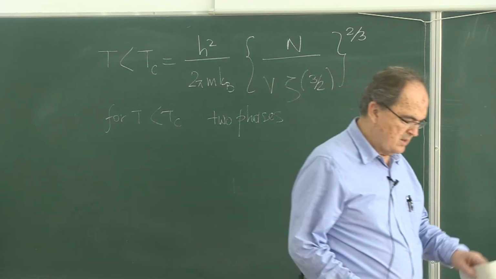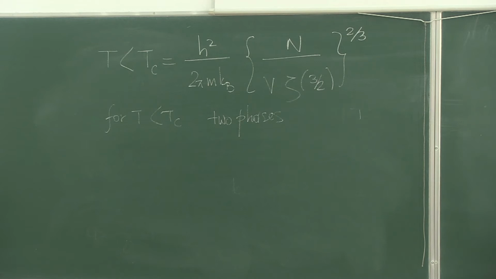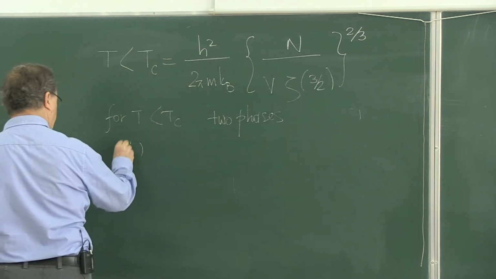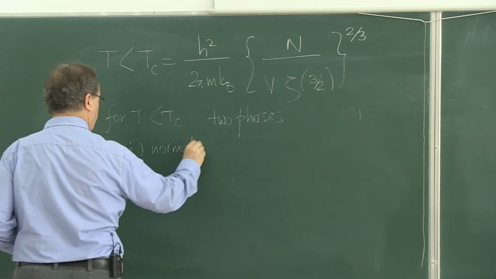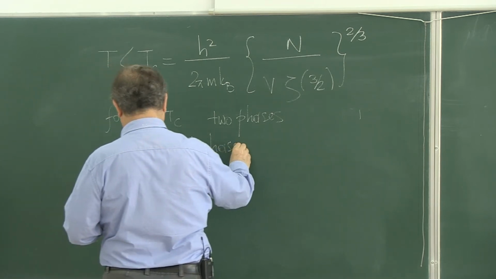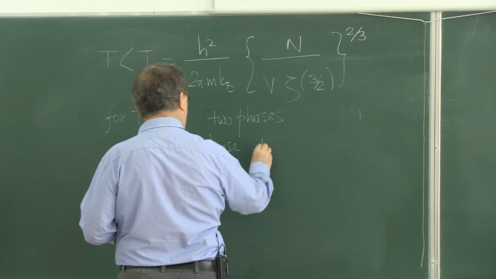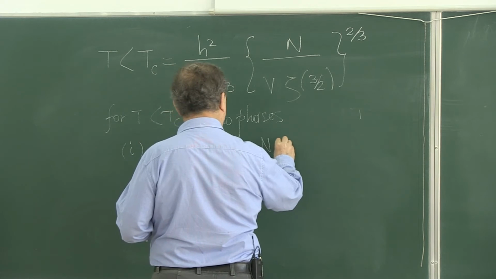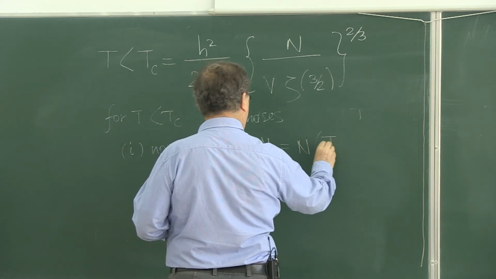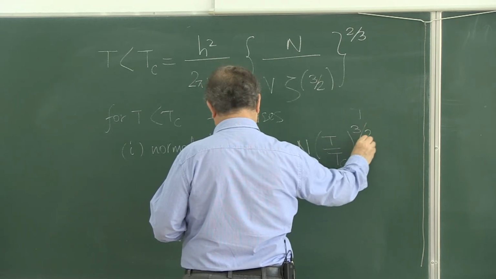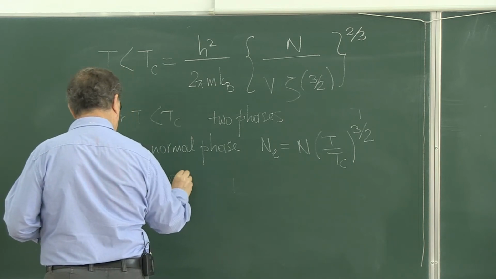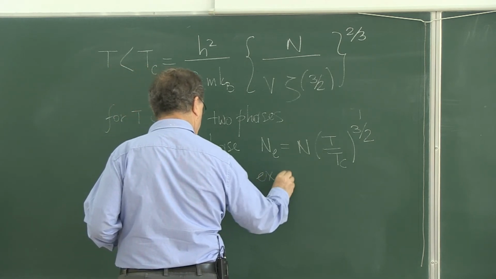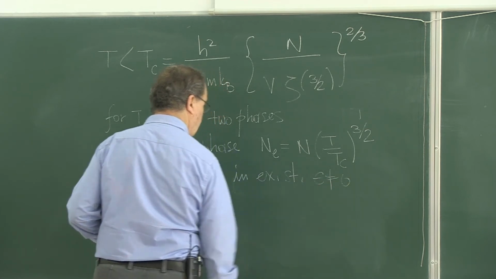Your system can be looked upon as a normal phase, particles in the excited state, where NE, the number in the excited state, is equal to N times (T over Tc) to the power 3/2, particles in the excited state where the energy is not equal to 0.